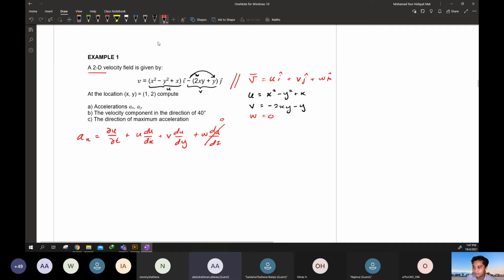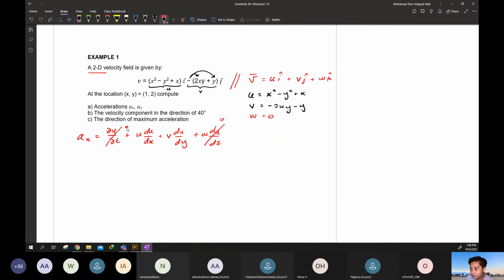Yes, there is no velocity variation with respect to time. If we differentiate in terms of time, this is equal to 0, so we can cancel out this term.